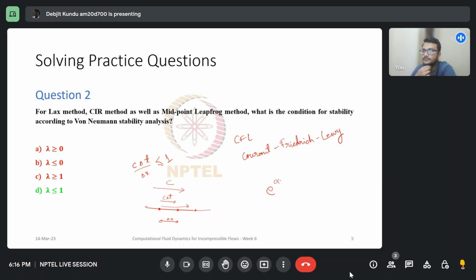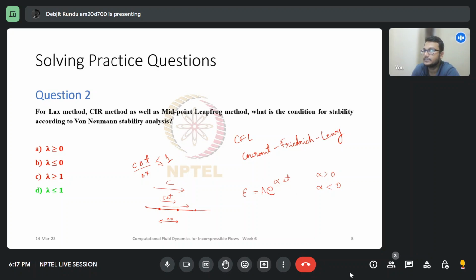Now let's say some e to the power alpha into delta t. Now if this alpha is greater than 0, then with more subsequent time steps, this error would continue to grow. So some form of error is written in this way. And if alpha is less than 0, that actually decays with time and leads to a proper solution.